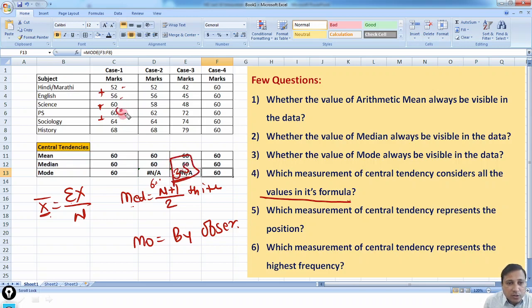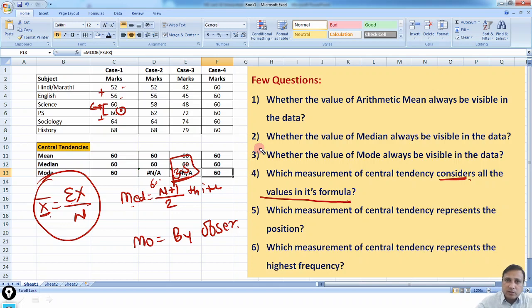We don't add anything, right? And in mode, we just look at the data and decide who has the highest frequency. So the arithmetic mean is the measure that considers all the values in its formula, and that is why we give plenty of statistical treatment to the arithmetic mean, and that is why it is the most popular measure of central tendency.